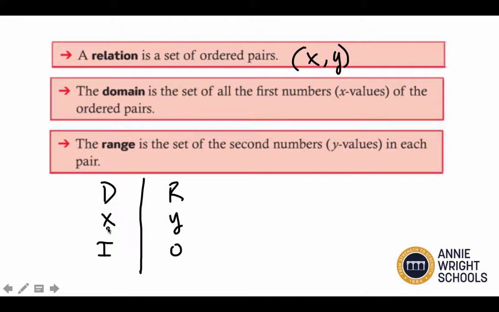Domain goes with range, x goes with y, input goes with output. Whatever it is, though, they always follow the alphabetical order. D comes before R, X comes before Y, I comes before O. So when we talk about domain and range, it's really important that you know domain means x, range means y.